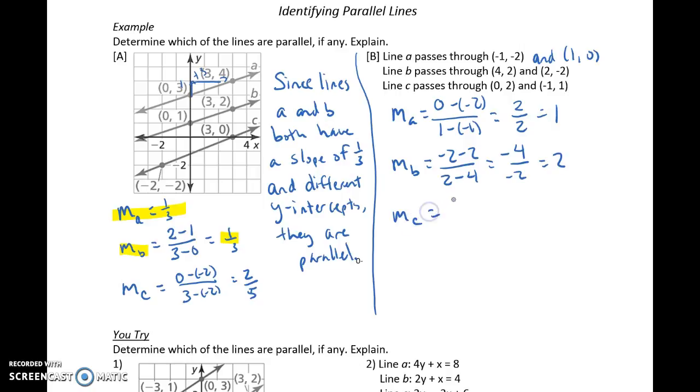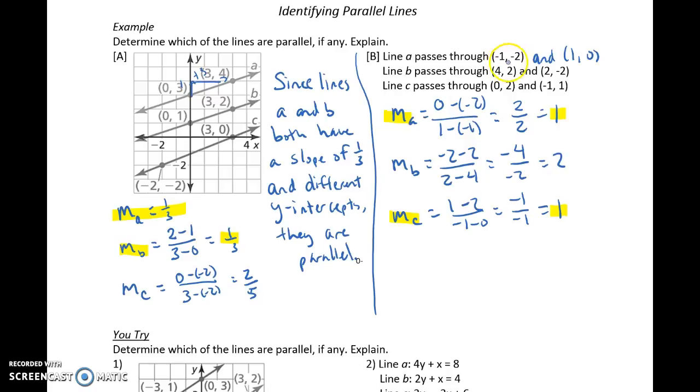And then the slope of C, 1 minus 2 over -1 minus 0. I'm sorry, I wrote 1 minus 1. Let's fix that. So 1 minus 2 over -1 minus 0 gives me -1 over -1, which is positive 1. So looking at this, which are my parallel lines? Again, we're looking at the exact same slopes. And because they go through different points, we can be pretty confident they don't have the same y-intercept, but you can graph and see.